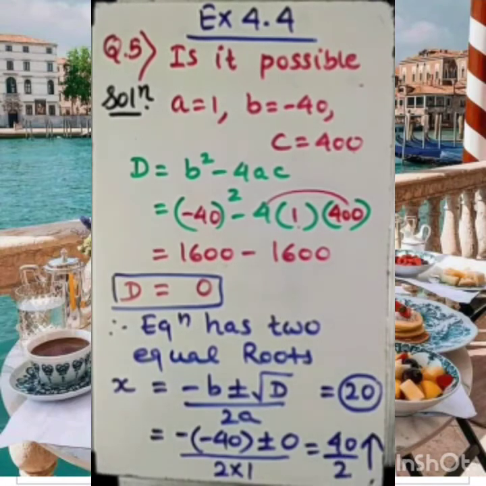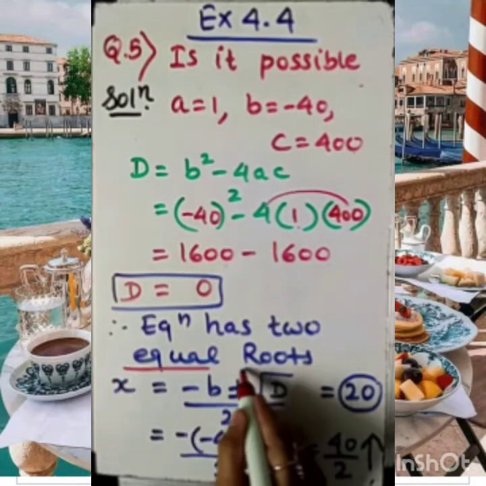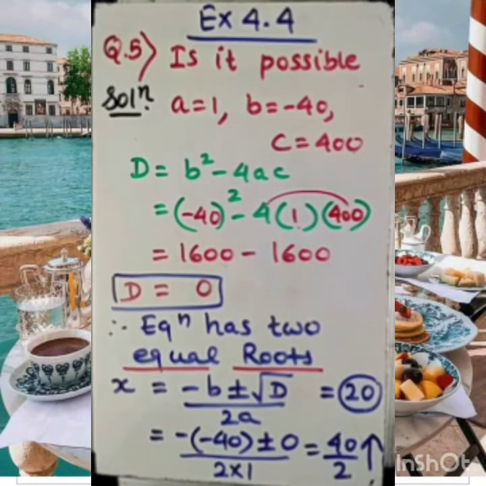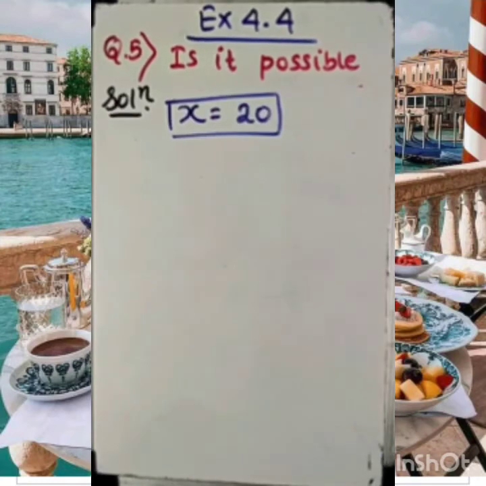And as we know, it has equal roots. Equal roots means the values will be 20 and 20. One of the values is 20, so what will be the other value? That is also 20. So let's write it in a final statement form. If the value remains the same in both, that is x equal to 20, two equal roots are there.